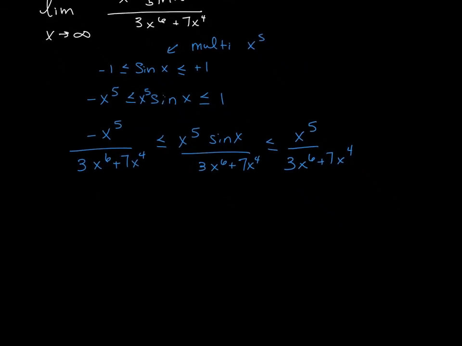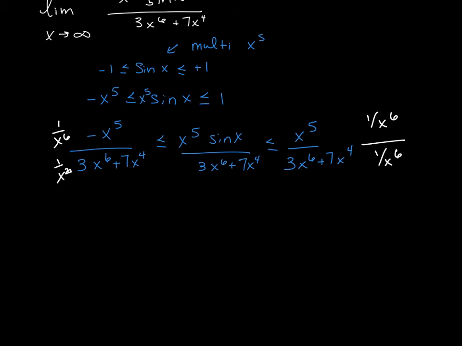Now, same technique I used before, and again, we're going to use the squeeze theorem. I'm going to multiply this by 1 over x to the 6th in the numerator and the denominator. And same thing over here, 1 over x to the 6th in the numerator and the denominator.